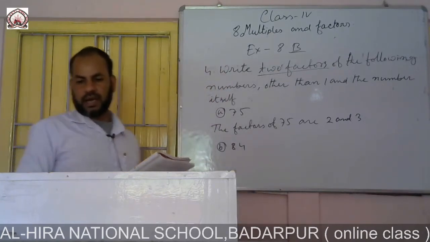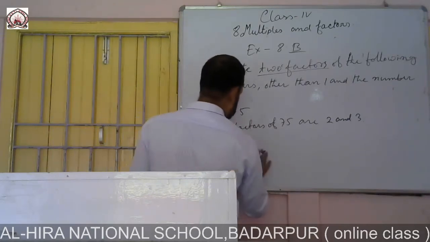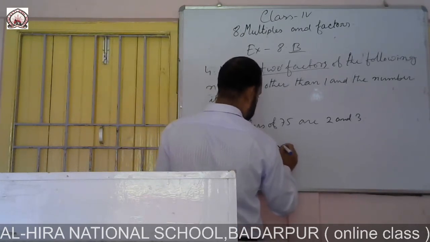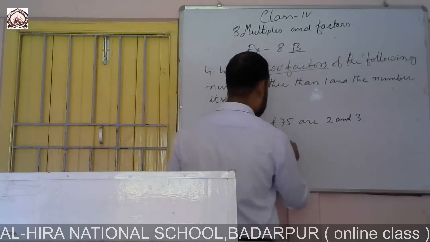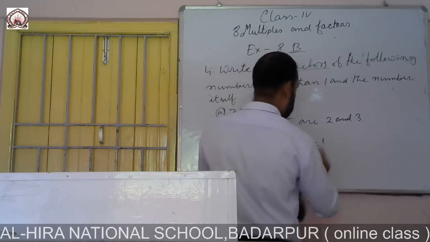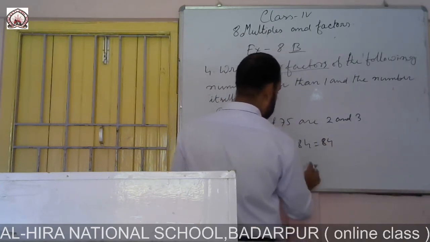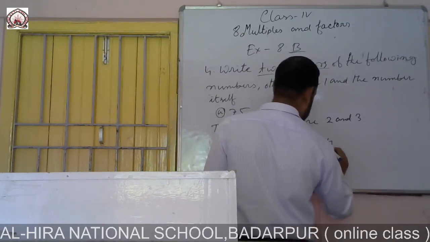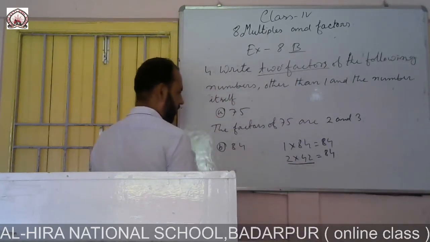We see the pairs of numbers which give the product of 84. 1 into 84 equal to 84. 2 into 42 equal to 84. No need for more, we already get 2 and 42.